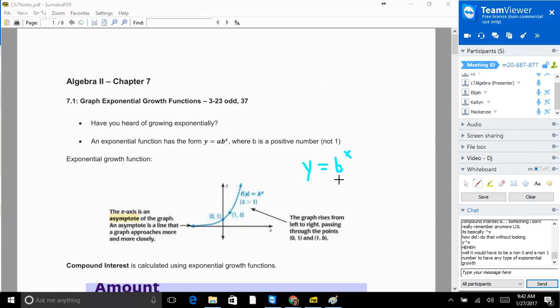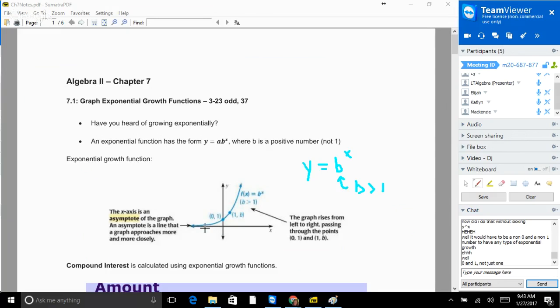It is a growth function when b is greater than 1. As long as the number you're raising to a power of x is bigger than 1, then you have an exponential growth function. There's a couple points on here that we can point out. When you're growing, the graph rises from left to right, and it passes through these points, right?